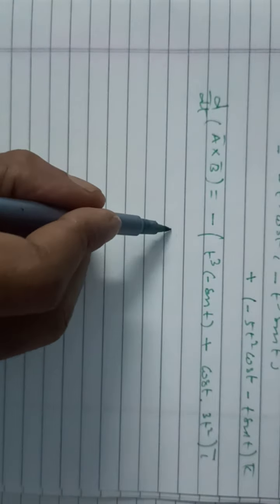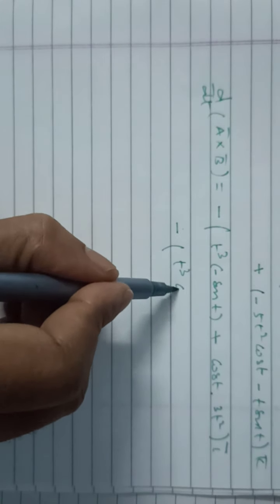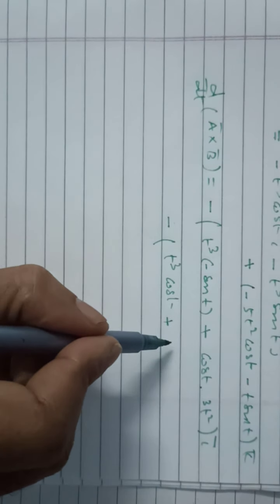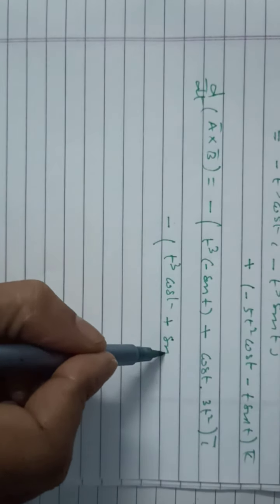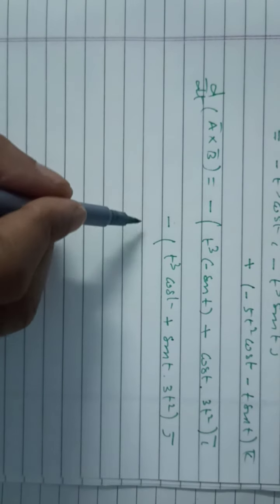Next again minus is common, t cube sin t differentiation is t cube cos t plus sin t into 3t square, of j bar.